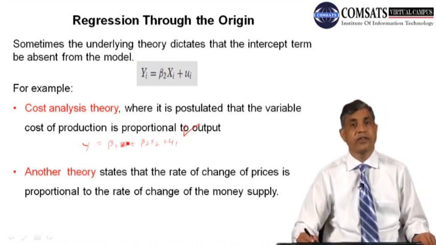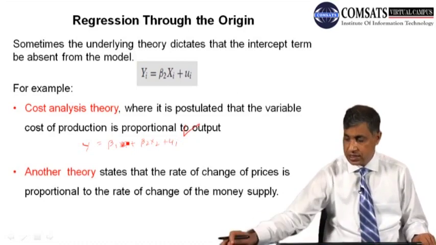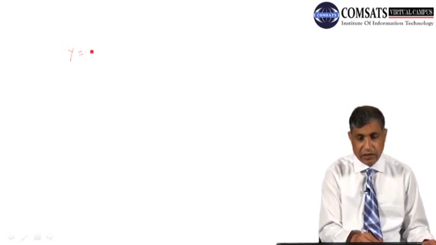There was only beta 1, the intercept. So if you remember, I would like to write here that this is the population regression function, the previous one, the traditional one, about which we kept on talking up till now. Now I am going a bit further from the previous concept, and I am dropping the intercept from the regression model. So this is the regression model, the population regression function.